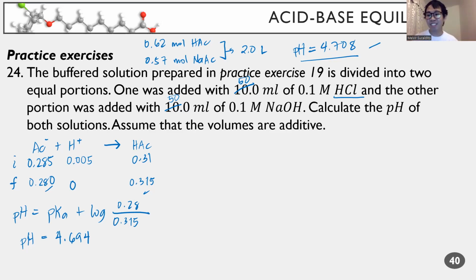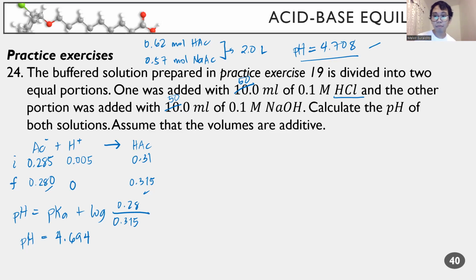Ganun siya kalala. Okay? 0.1 molar, very common naman siya na hinahandle sa lab. Pero even if it's 0.1 molar, you should still handle it with care, kasi it can still cause burns kung nagkaroon ng spill, for example, or kapag natalsikan ka, kahit na 0.1 molar lang siya.